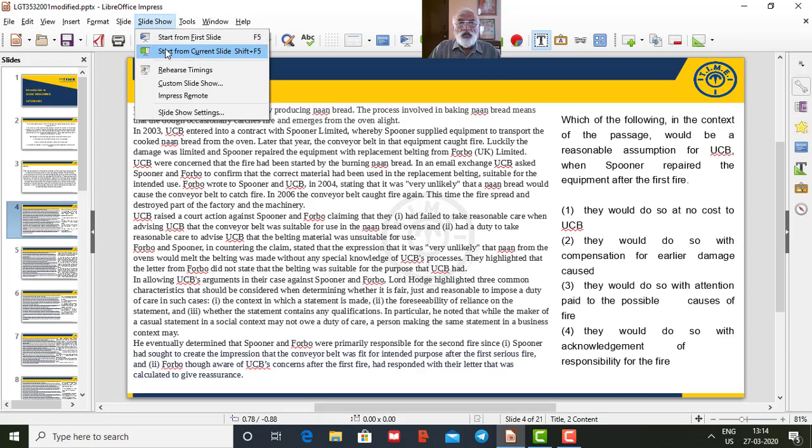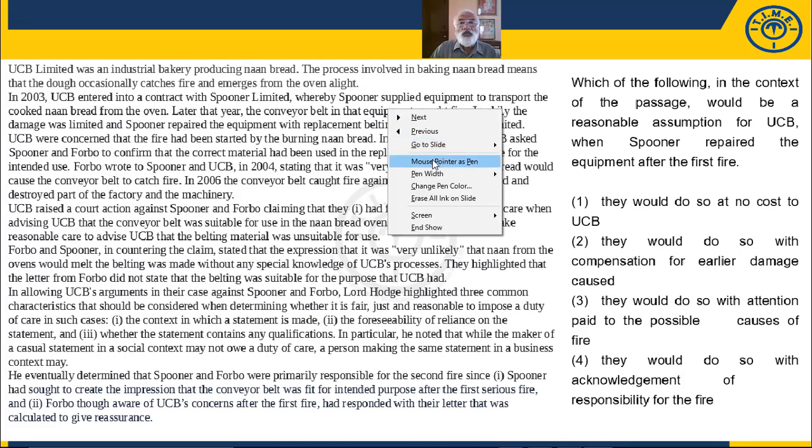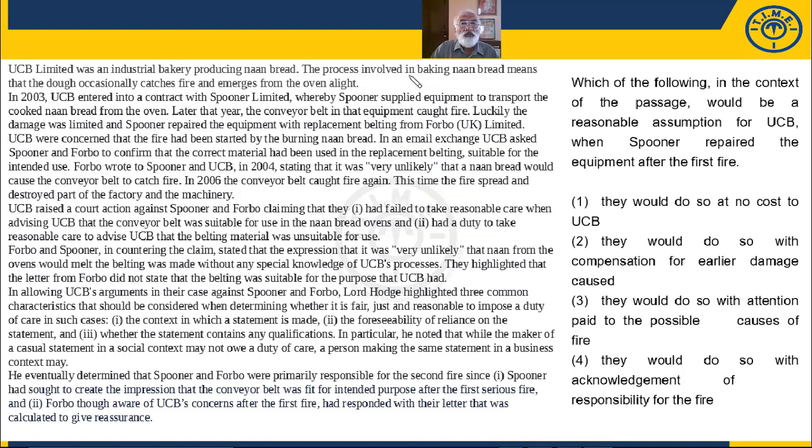We are told here that the standard process is that naan bread sometimes comes out of the oven, which means that's a standard, that the bread sometimes comes out with a little fire on it in some spaces, right? Now we know that the equipment had a problem and the conveyor belt caught fire.